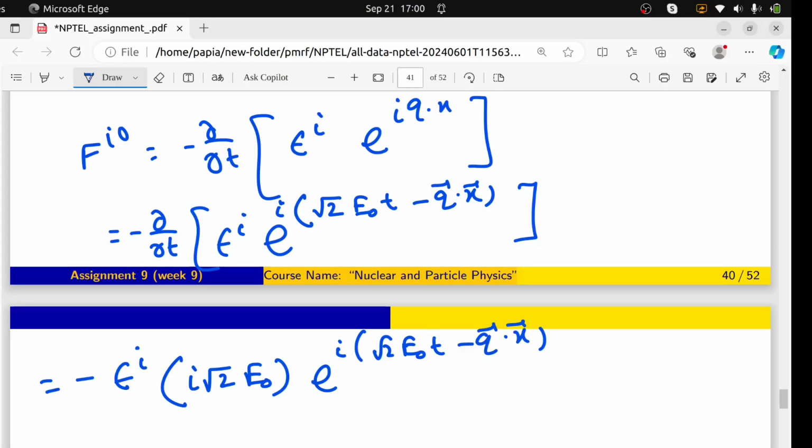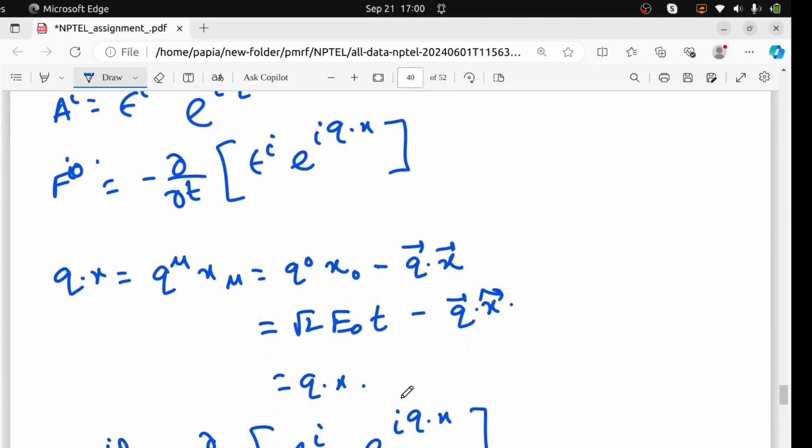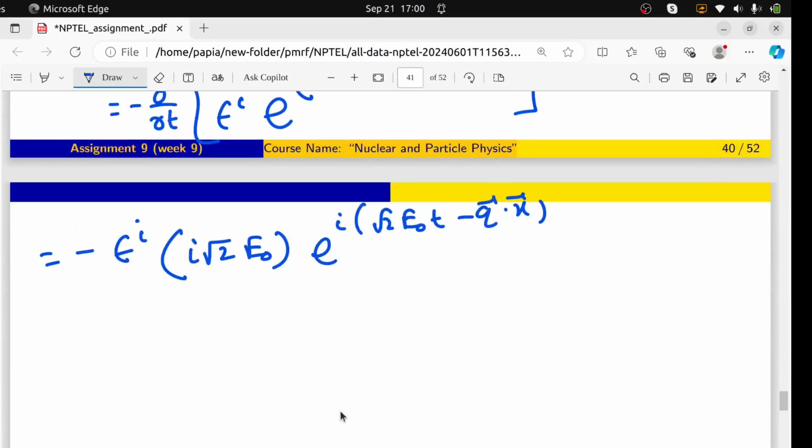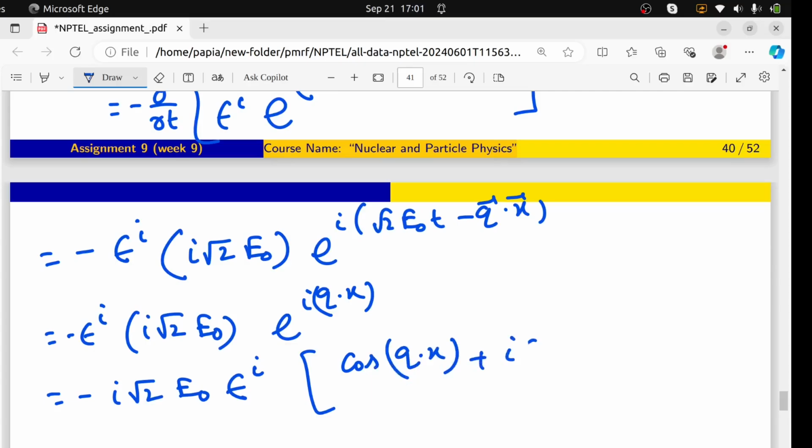Now root 2 E0 t minus q dot x, this is nothing but q dot x, so we will replace this with e to the power i q dot x. So it means i root 2 E0 epsilon i times (cos q dot x plus i sin q dot x).